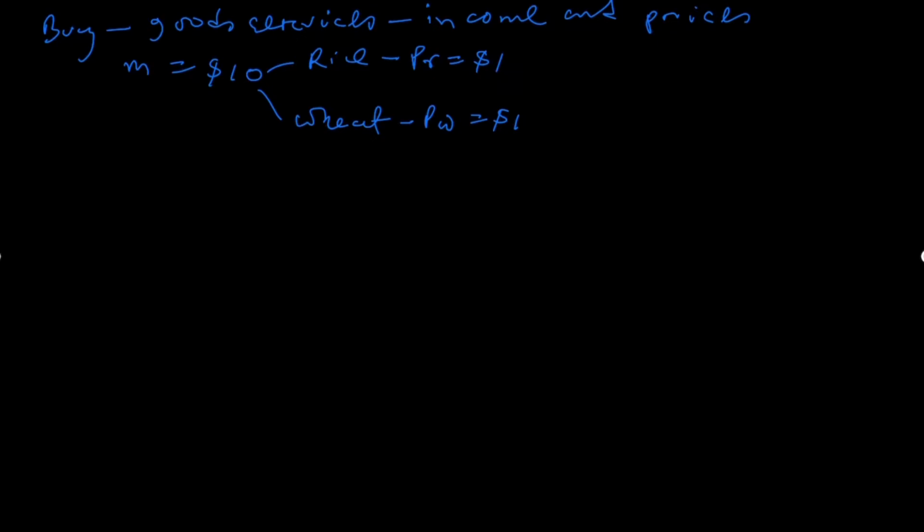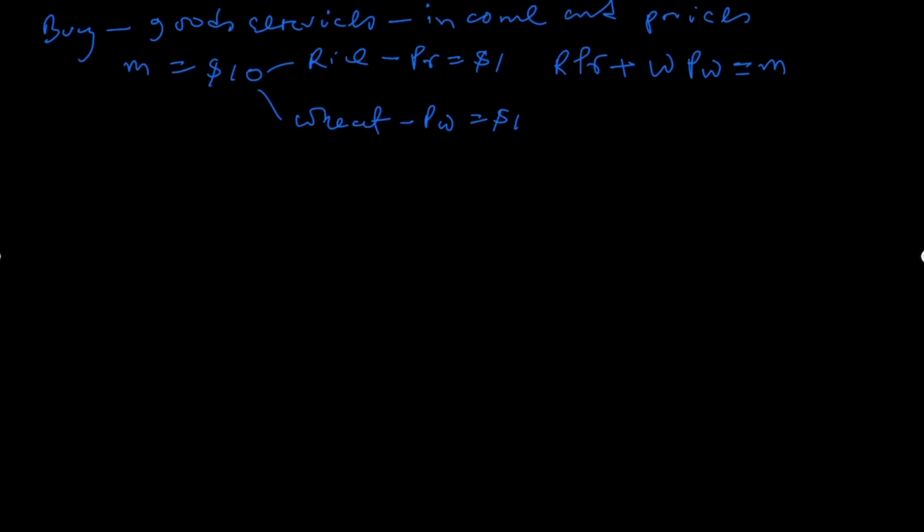The budget constraint shows that my expenditure on the two goods should be equal to my income. That is, the quantity of rice times the price of rice plus the quantity of wheat times the price of wheat could not exceed my income, M. That is the budget line.